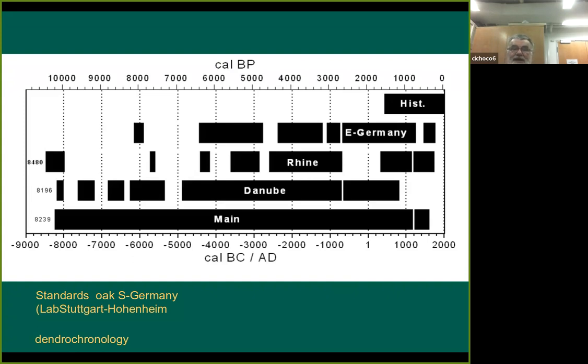He visited big building sites of water plants and so on. And in many cases, the digging put out old stems, mainly of oak. And these trees were sampled and then put together. And you can see even Bernd Becker wasn't able to find samples to connect these floating pieces to one single standard.